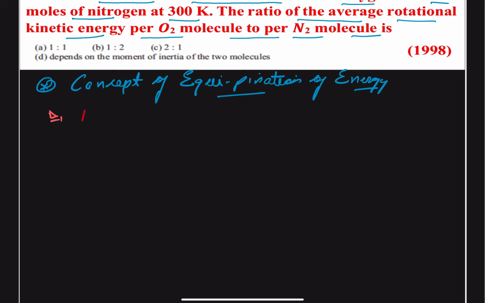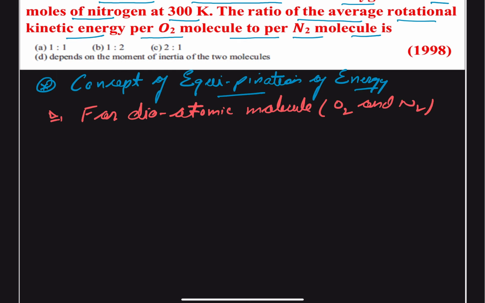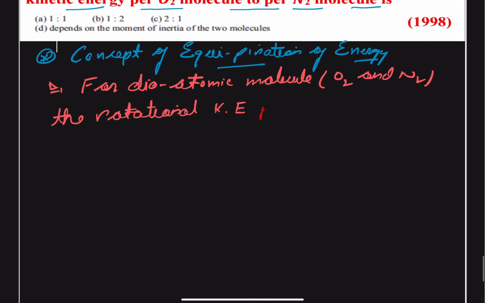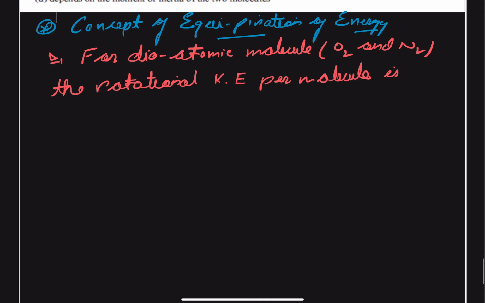So which gives us that for a diatomic molecule, that is for oxygen as well as nitrogen, the rotational kinetic energy per molecule is determined by the degree of freedom.